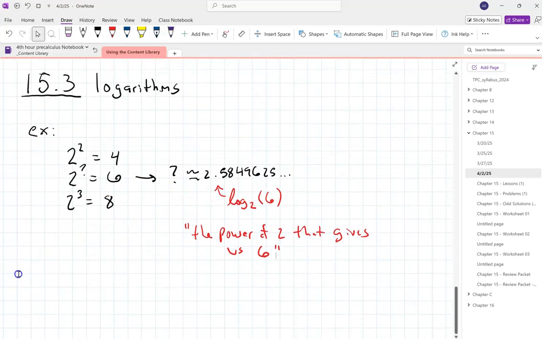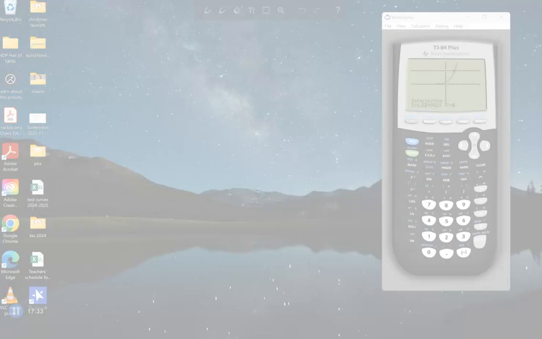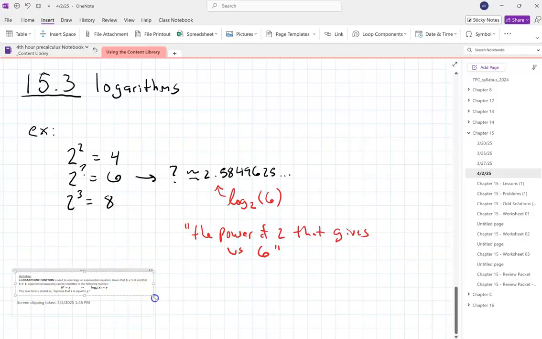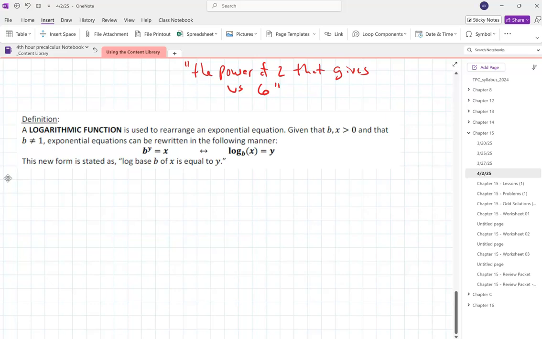So formally, we'll define a logarithm like this. We'll say that a logarithm is used to rearrange the exponential equation given that b and x are positive and that b doesn't equal 1. The exponential equation b to the y equals x is equivalent to the logarithmic equation log base b of x is equal to y.